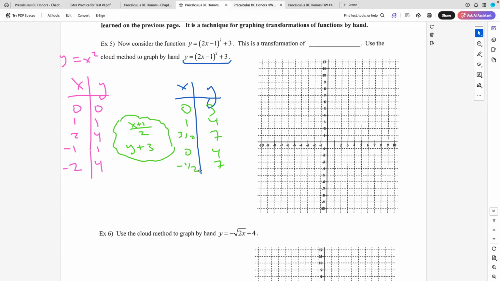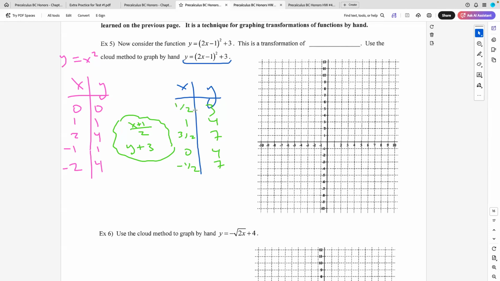Just be careful. I can make mistakes too with the mental math, but I think I did it right. Did I make a mistake? Tell me. Yeah, the first one's half. You are correct. I did make a mistake.